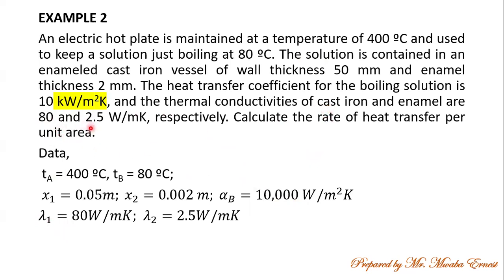For lambda number 2, which is enamel, because here it said respectively, meaning first material is this, second material, which is enamel, is this value. So I have 2.5 watts per meter Kelvin.